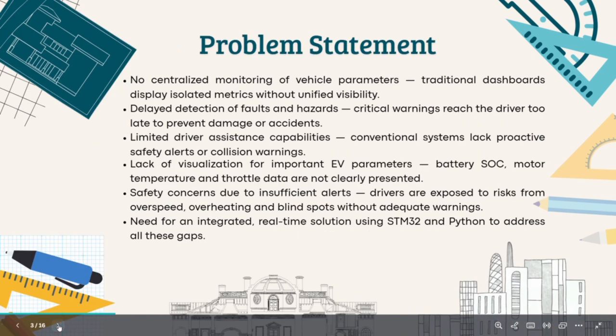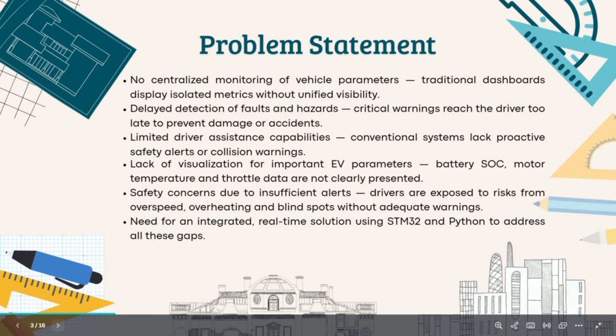And here comes the problem statement. Before starting this project, we found some problems with normal vehicle dashboards. First, they do not show all vehicle information in one place. Second, problems like high temperature, high speed, or battery issues may not be detected early.